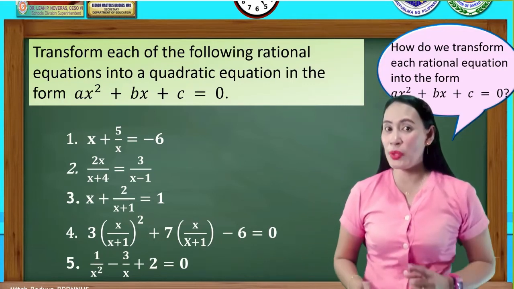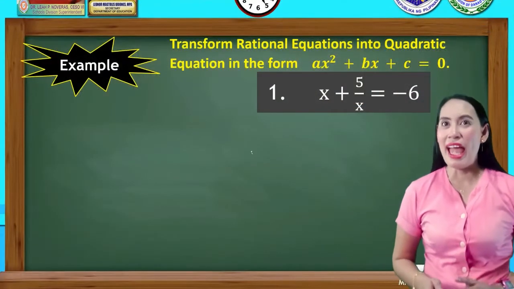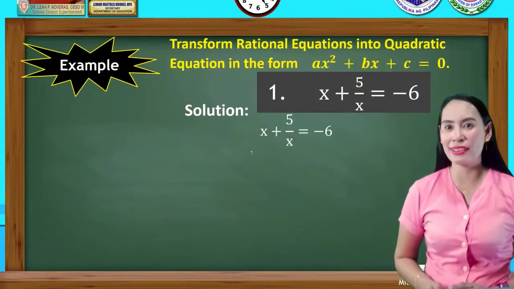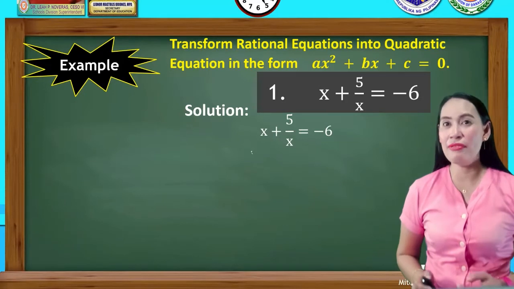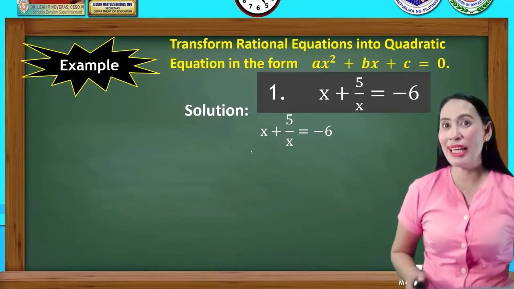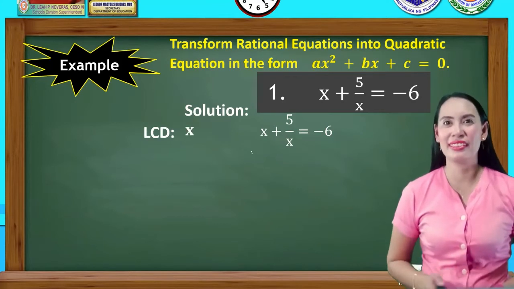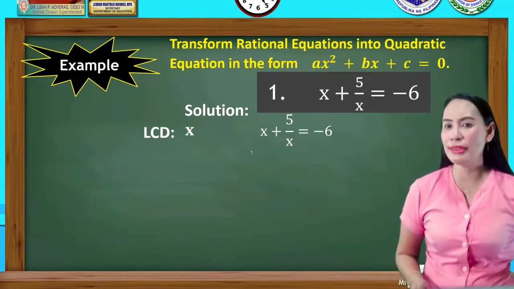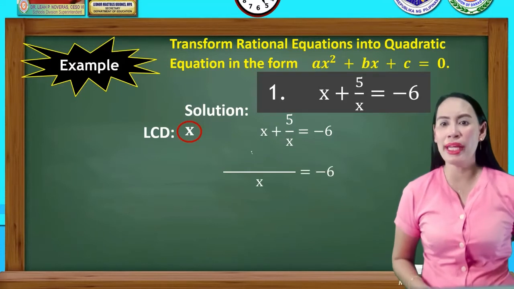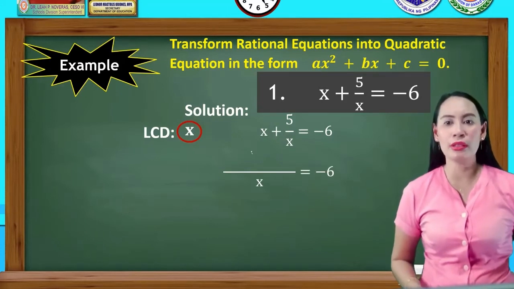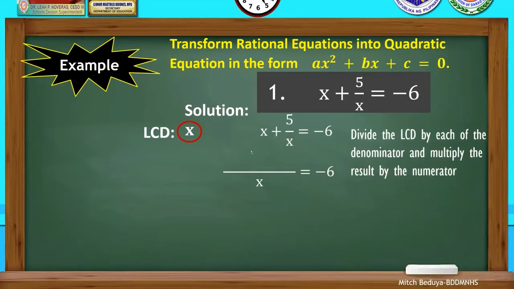So let's start with equation 1. (X plus 5) over x equals negative 6. So what is the LCD? Yes, it is x. Now we will divide the LCD by each of the denominators and multiply the result by the numerator.